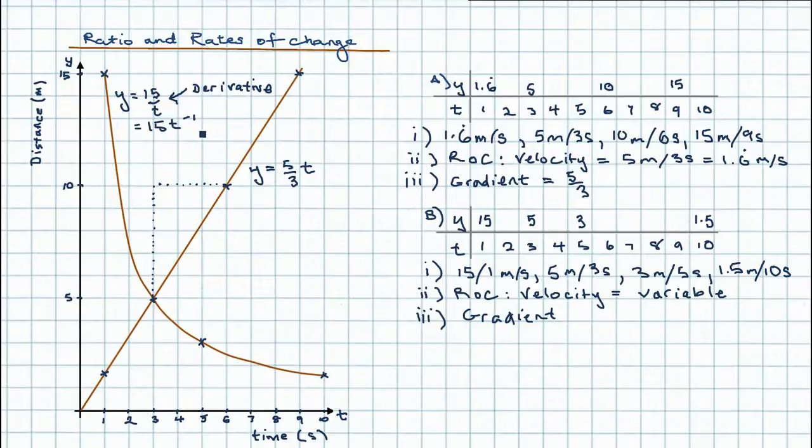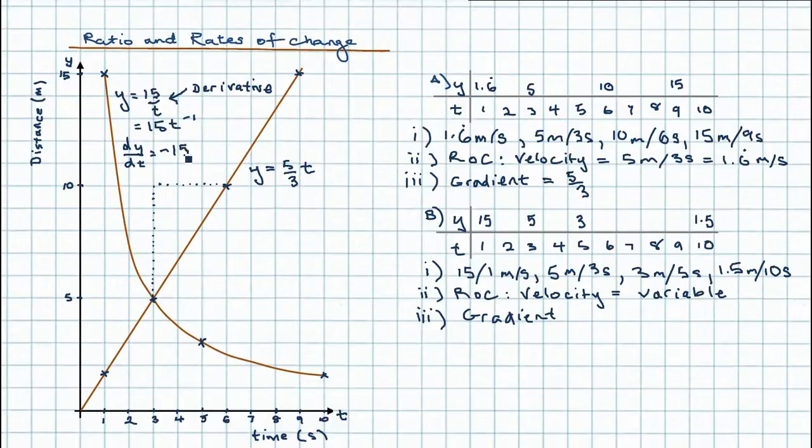By the way, we're going to write our derivative as the differential of the distance over the differential of the time. Again, in part 2, I'll explain exactly why we write it in this form. So the differential of y over the differential of t, or we just say dy by dt. So dy by dt is the gradient, and now we take our minus 1, multiply by the 15 to get minus 15. That's the first step.